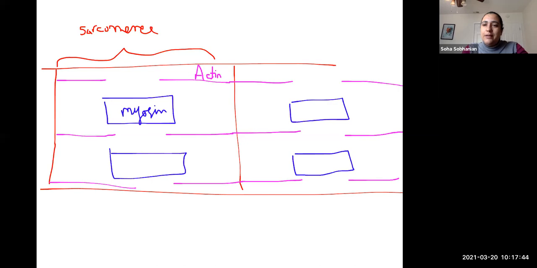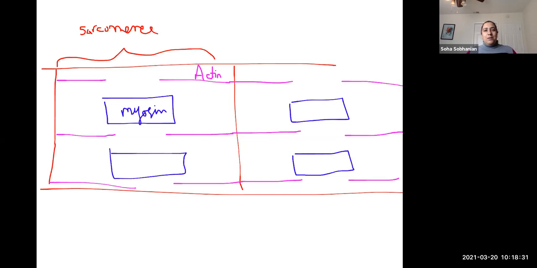Oh, sorry, no, it starts with interaction between actin and myosin that causes sarcomere to shorten, which causes your myofibril to shorten, which causes muscle fiber, fascicle, and whole muscle to shorten.